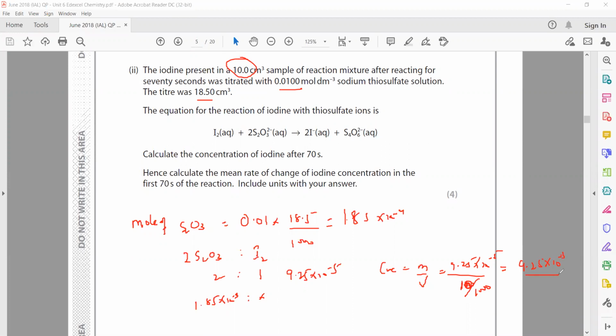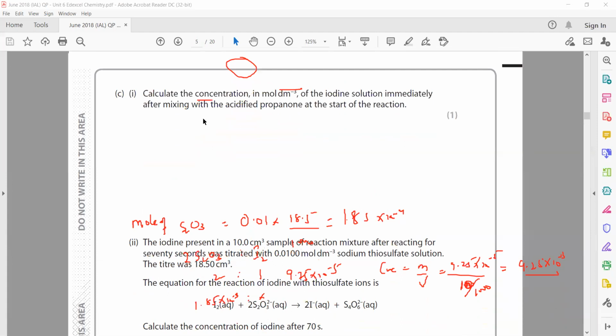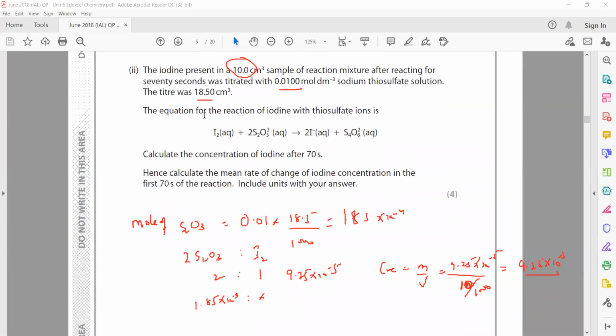So this is the new concentration of iodine in the solution, and originally we already worked out in the previous part that at the moment we mix, it was 0.01. To get the rate, that will be 0.01 minus 9.25 × 10⁻³, because the rate is the change in concentration divided by the time interval, and the time interval is 70 seconds.